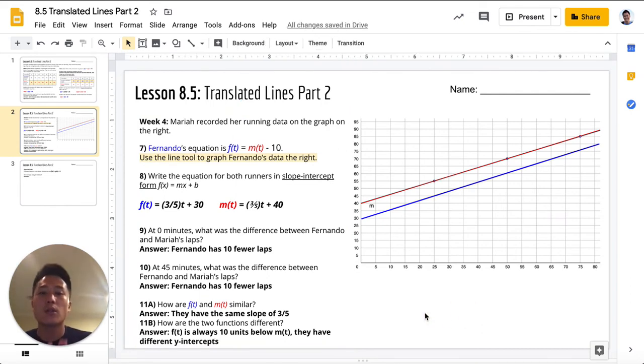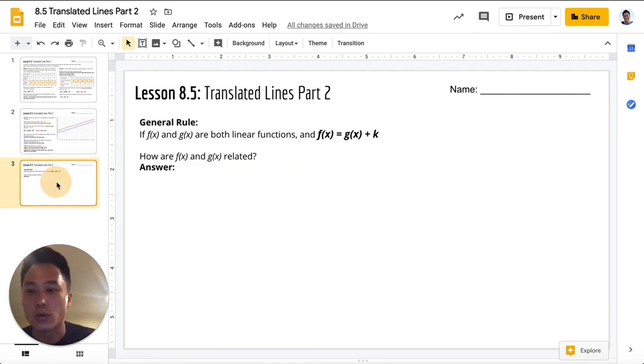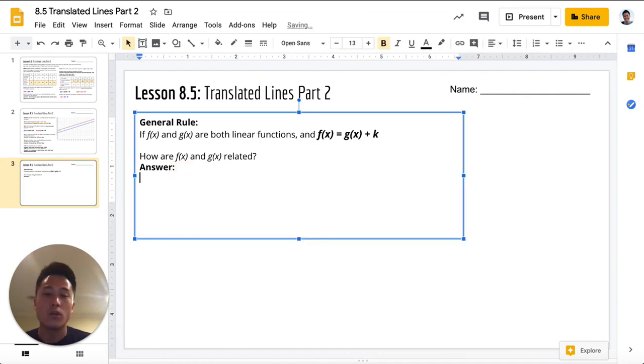Okay, let's put this all together in a general rule. If f of x and g of x are both linear functions, and we know that f of x is equal to g of x plus k, how are they related? We know they have the same slope. So I can say f of x and g of x have the same slope. So we can go one step further.